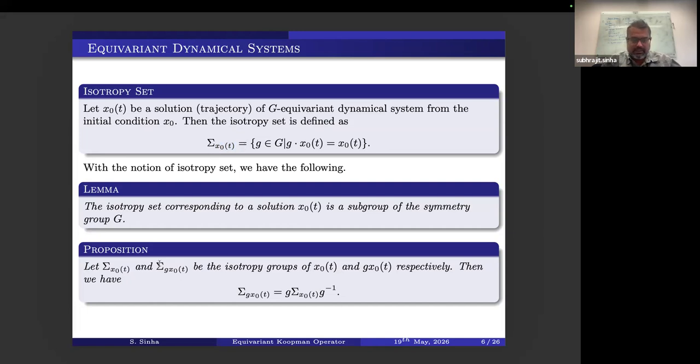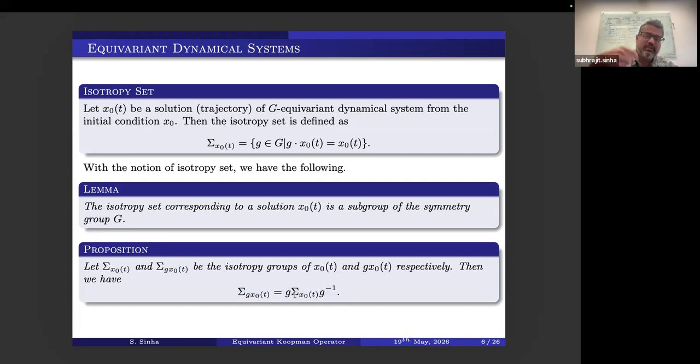That is quite straightforward to prove. Let's say we take a trajectory x0(t), and then we take a group element g, and then take the isotropy group of the entire trajectory that is mapped by the group element. Then one can show that these isotropy groups are related by a conjugation by this group element.